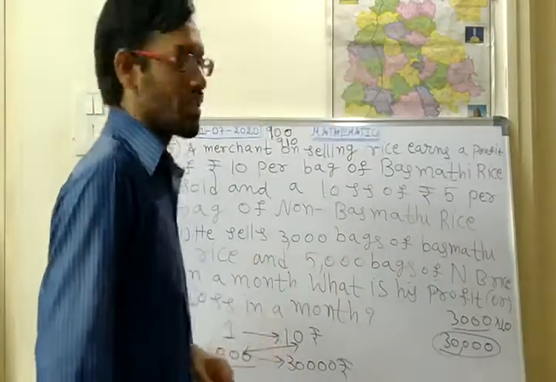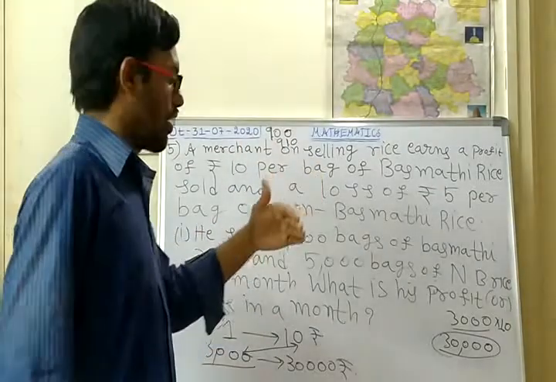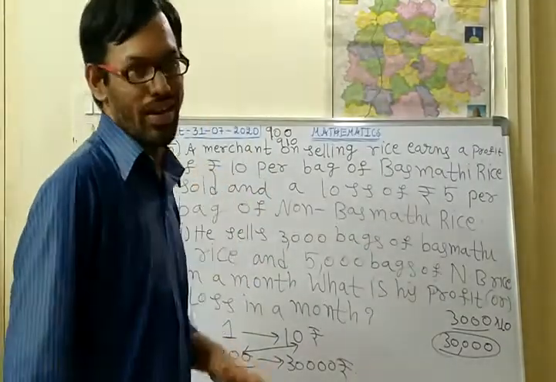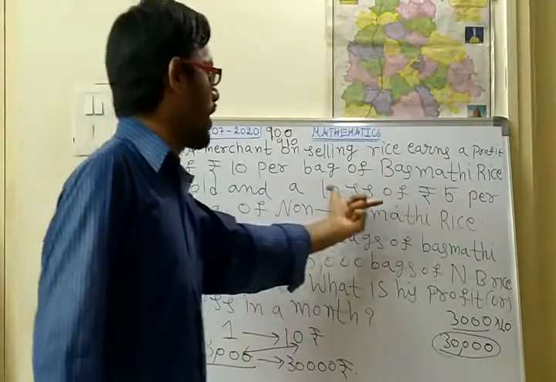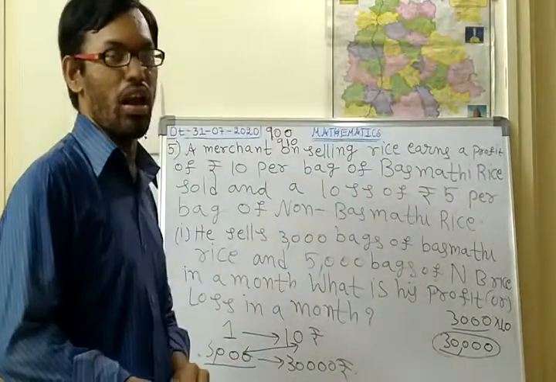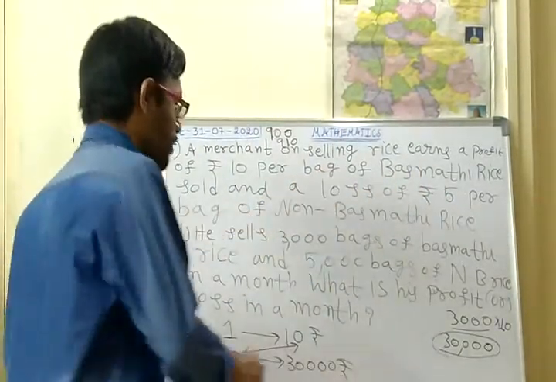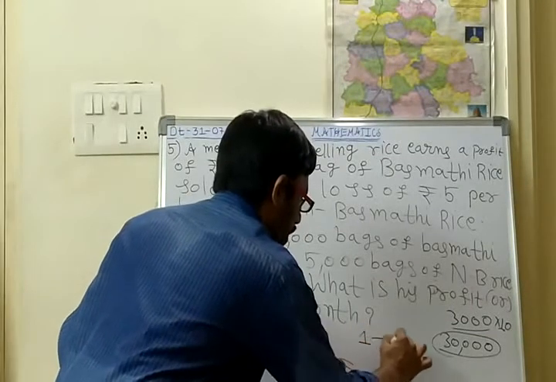That means for normal rice he got a loss of rupees 5 per bag. For one bag he got 5 rupees loss.